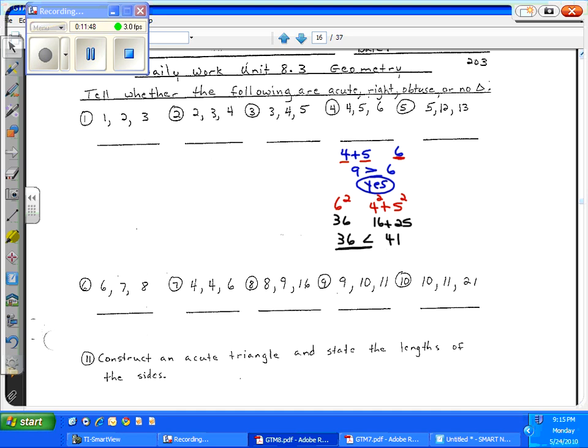The larger side square is smaller than the sum of the squares of the other two sides. Since that is smaller, it didn't open up as wide to 90, and so it is an acute triangle. Any questions on that? Okay.